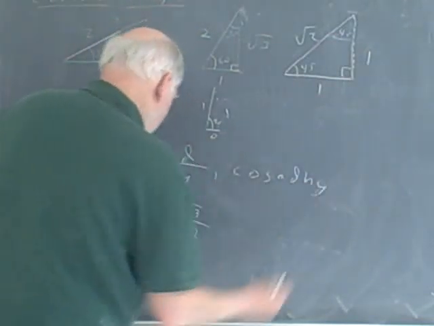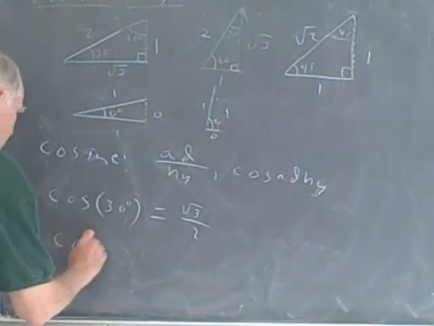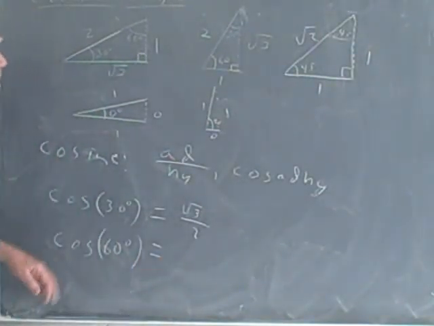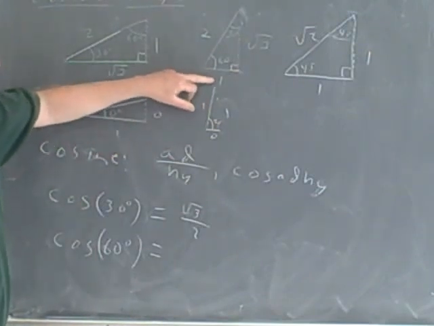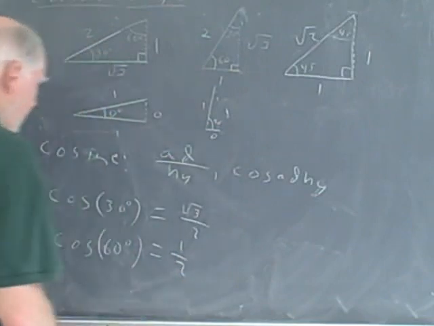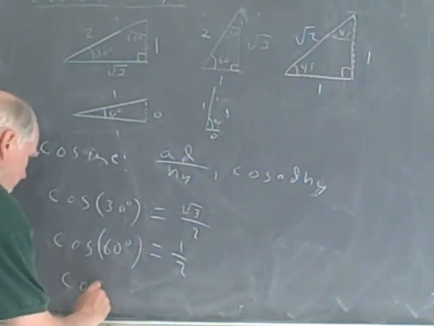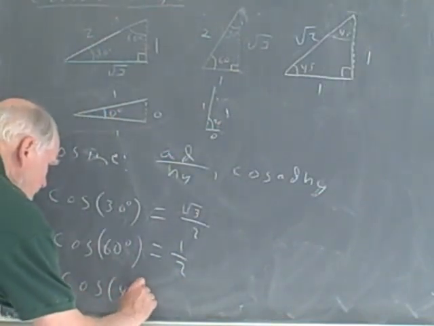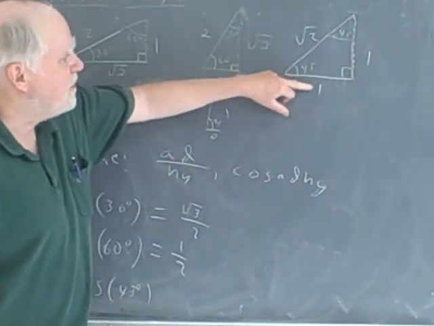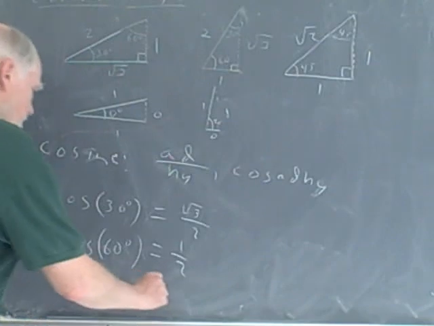Cosody. Okay. And now we want to look at the cosine of 60 degrees. What is the cosine of 60 degrees? That's adjacent over hypotenuse. That's 1/2. And then the cosine of 45 degrees. By definition, here's 45 degrees, adjacent over hypotenuse, 1/√2.